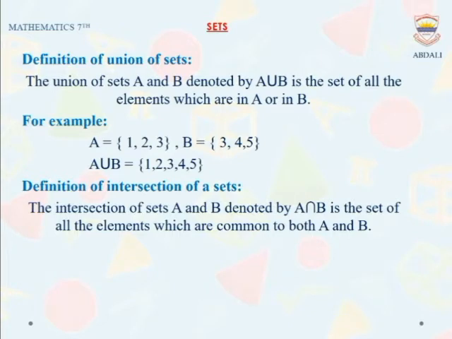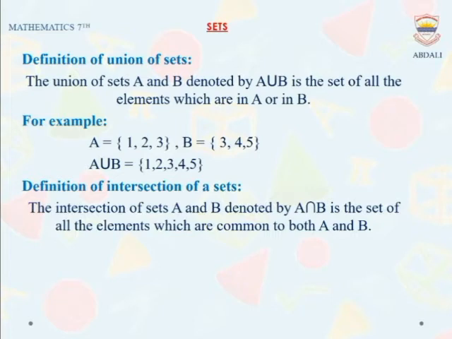Okay, class? So, the intersection of sets A and B, denoted by A ∩ B, is the set of all the elements which are common to both A and B. Now we are talking about common elements of both sets. Common elements are the elements that are the same in both sets.